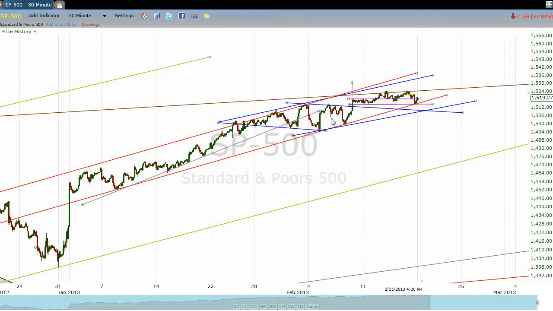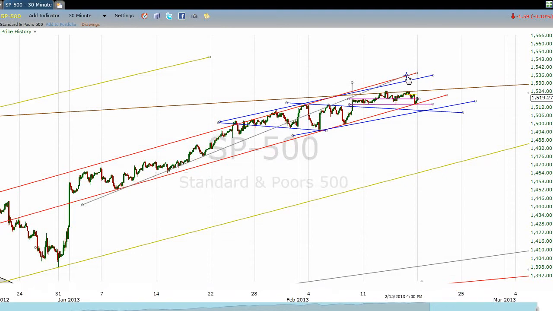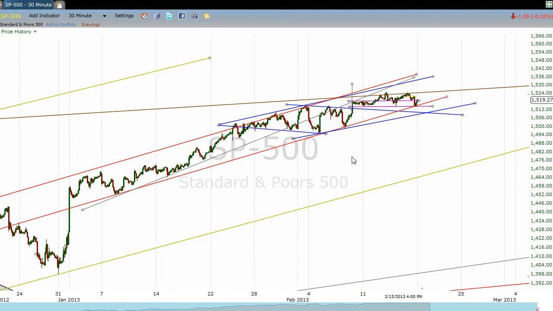I'm not discounting the effect of this line, because in fact we may see this in retrospect as a rising wedge that broke down and now has undergone a series of back tests.